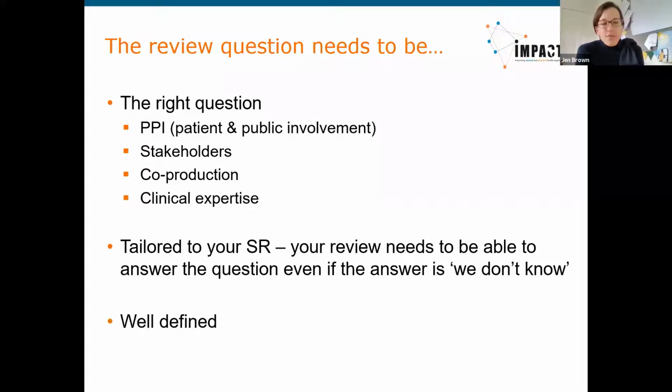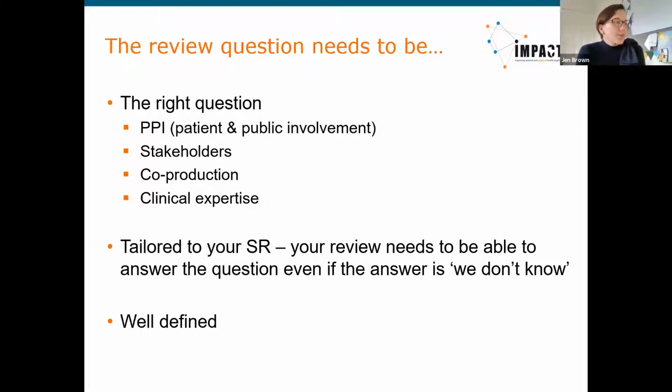Quite often systematic reviews come up with "we don't know" type of answers because the evidence isn't good enough, or there isn't enough evidence to really draw firm conclusions. But that's fine, because that is a finding in itself, and these reviews often point out where there are gaps in the literature that need to be filled, maybe by primary research in the first instance that can then be synthesized further down the line.